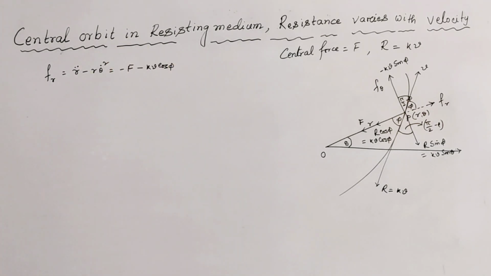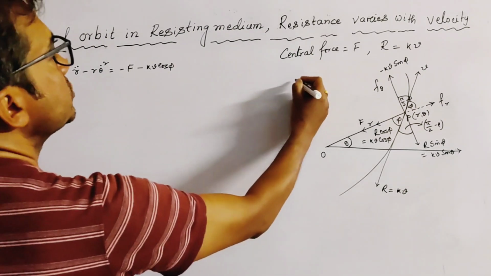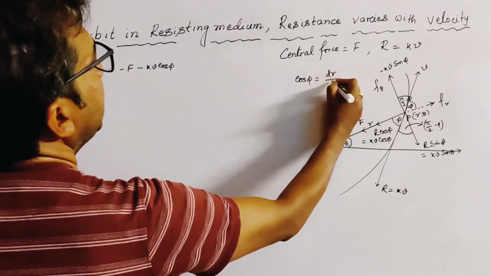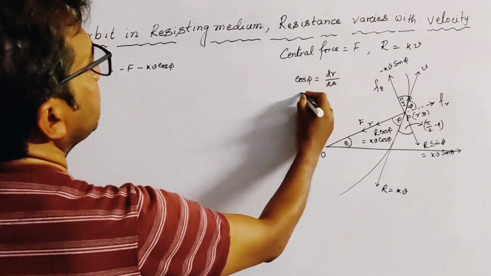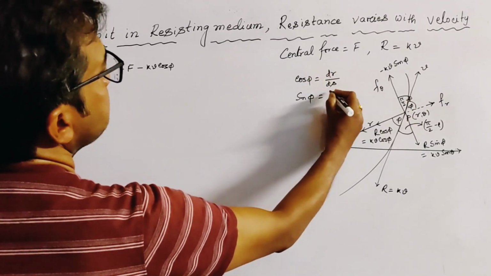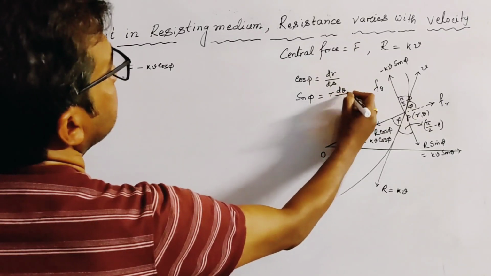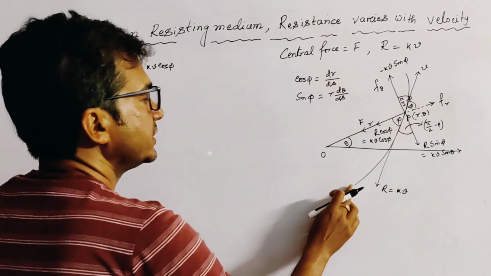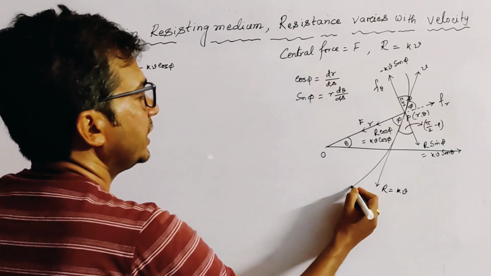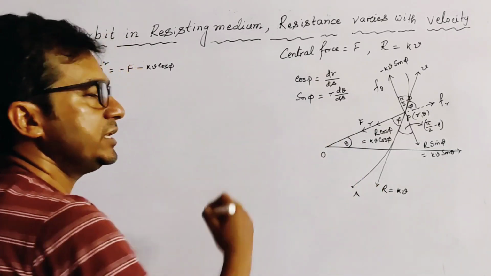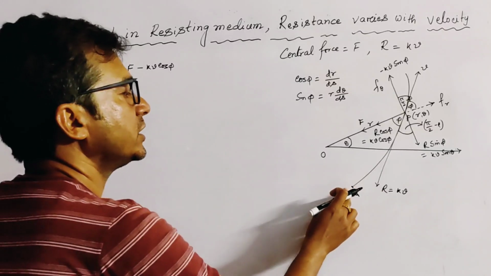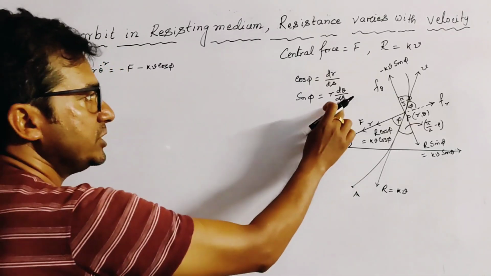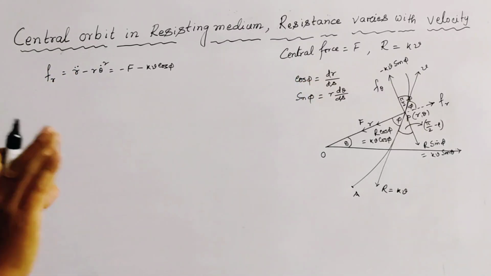We know that cos phi is equal to dr/ds, and sin phi is equal to r d theta/ds. What is ds? Let A be the initial point on the arc from where the arc length is measured, and ds be the elementary arc length.